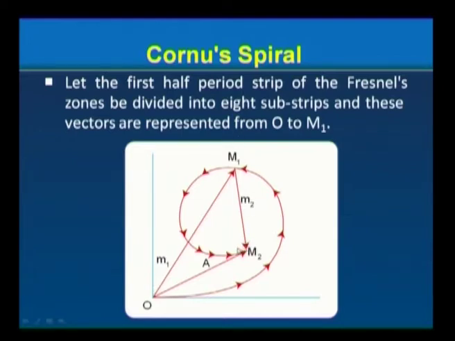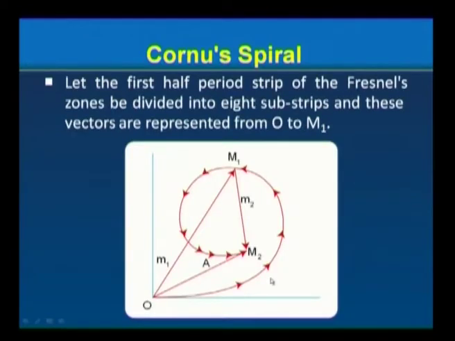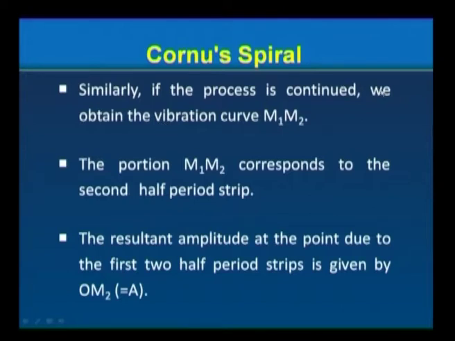The resultant will be given by OM2, which is the sum of M1 and M2. The resultant amplitude at a point due to the first two half period strips is given by OM2, that is your A.